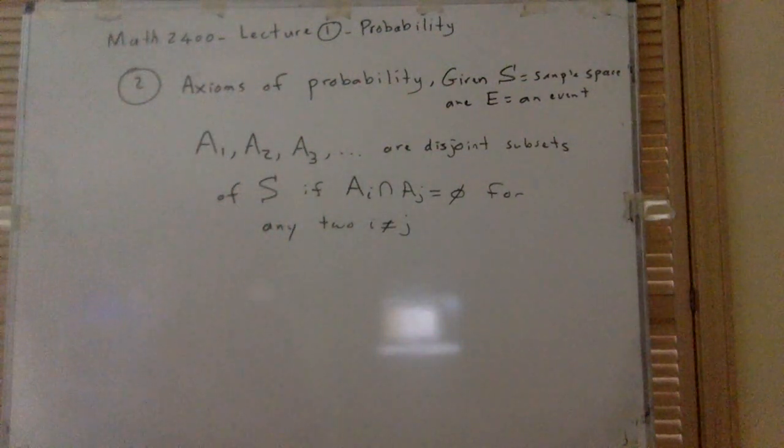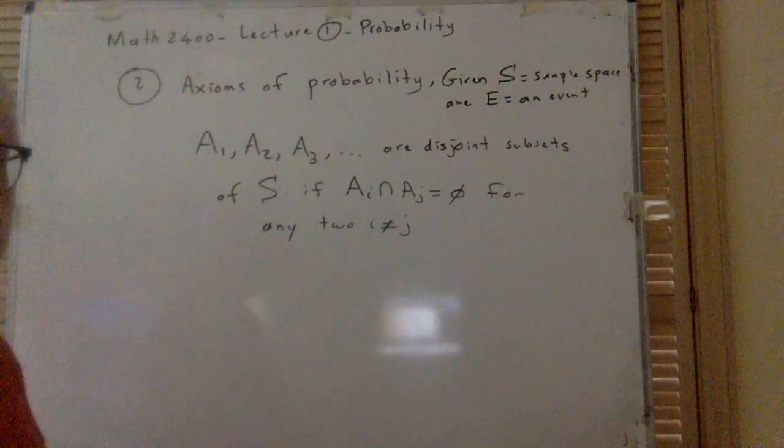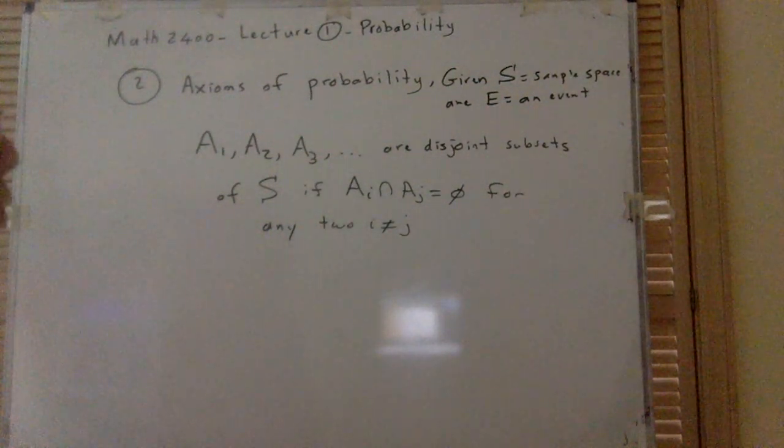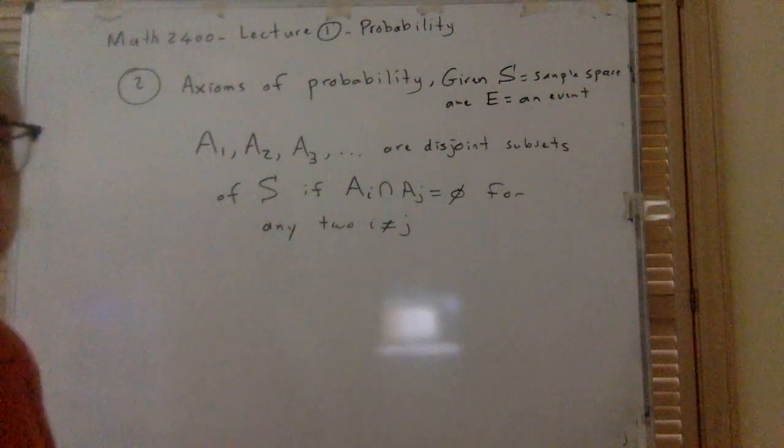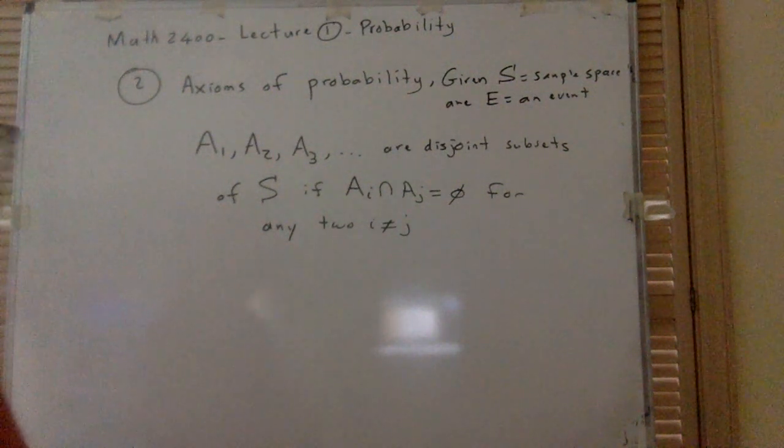Okay? So no two of them intersect, which means no three of them intersect, and so on.